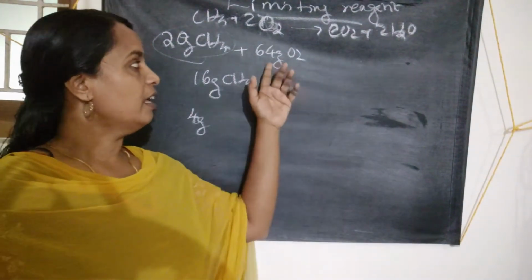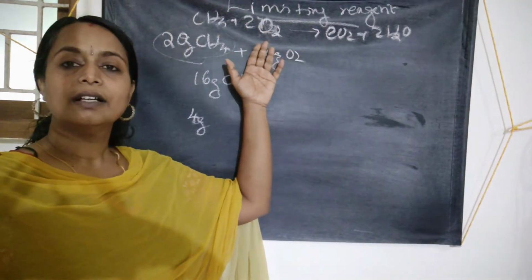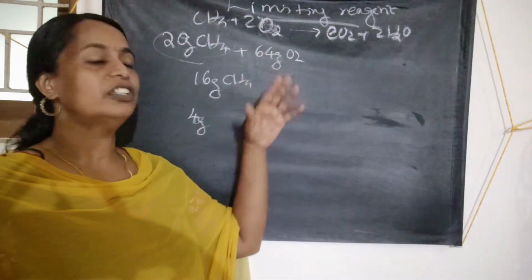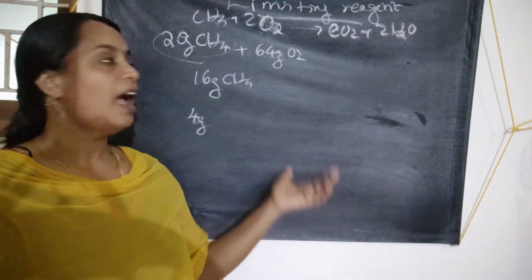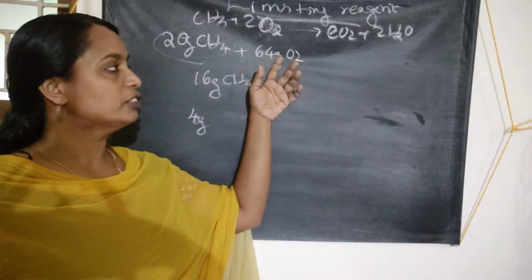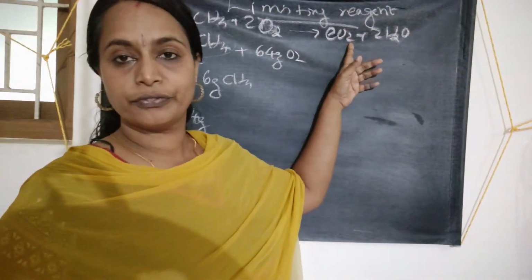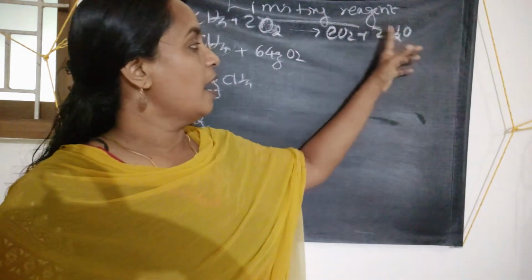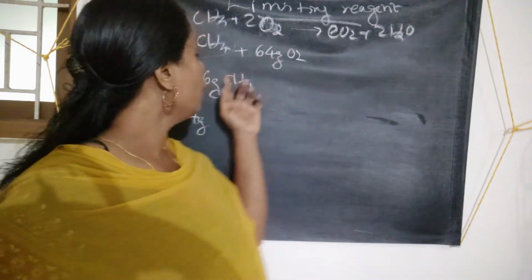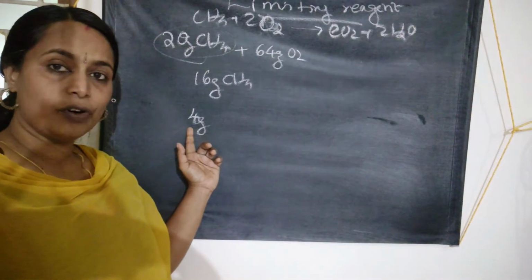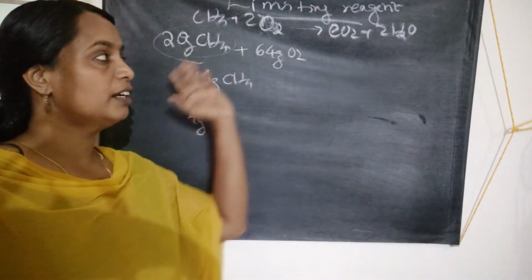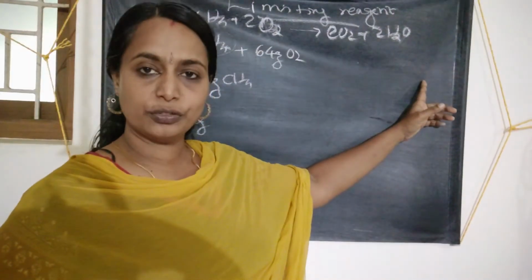Here the full amount of oxygen is consumed, and this amount of oxygen determines the amount of carbon dioxide and water. Even though there is excess CH4, that much CH4 cannot be converted into carbon dioxide and H2O.